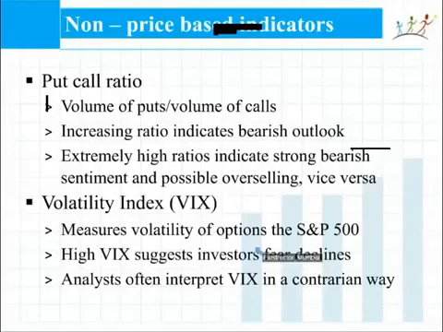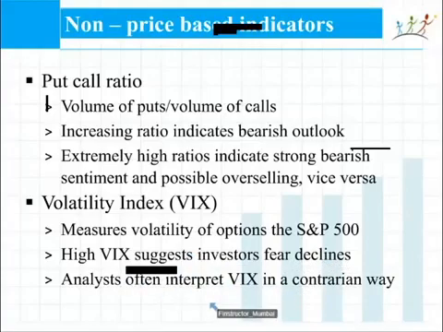Similarly, if the people are unreasonably bullish, that is the implied volatility comes out to be very low, then the analyst will sell into the strength, thinking that people are unreasonably bullish. So just remember the terminology. High volatility suggests investors fear declines, and analysts can interpret this in a contrarian way. Okay, how is it exactly calculated? What implied volatility means is not in your curriculum.